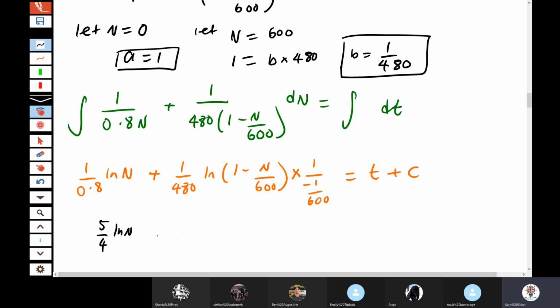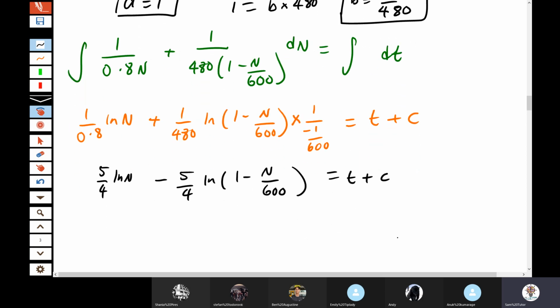Yeah, that should have been negative 5 over 4 log (1 minus n over 600) equals t plus c. I think we said when t is equal to 0, n equals 2 people.